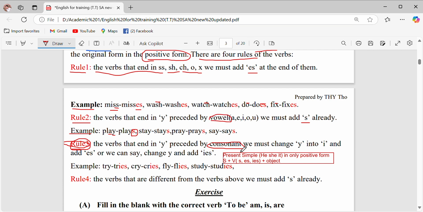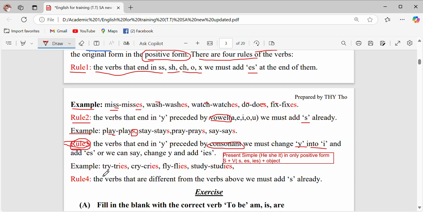We must change y into the letter i and add es. Or you can say that for a verb that ends in y preceded by a consonant, we must change y and add ies. I hope you understand this.